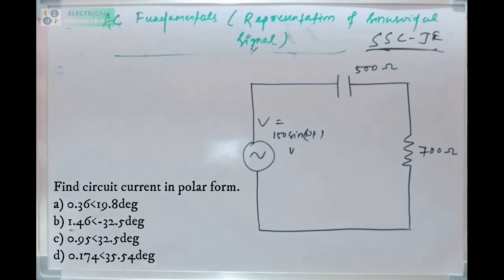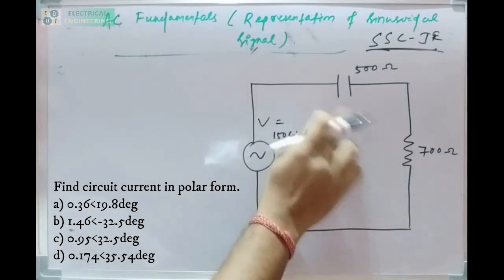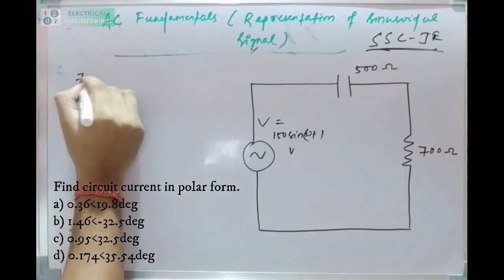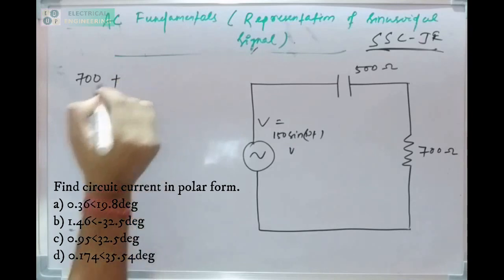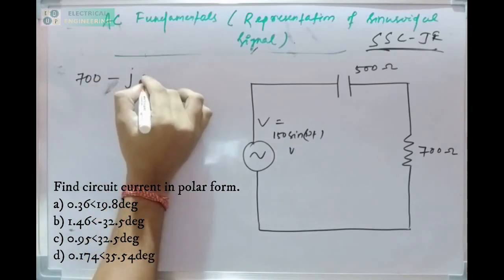That's why I'm telling it now while solving this question. You will understand, don't worry. So I can write this combination in complex form like this: 700 ohm minus j500.